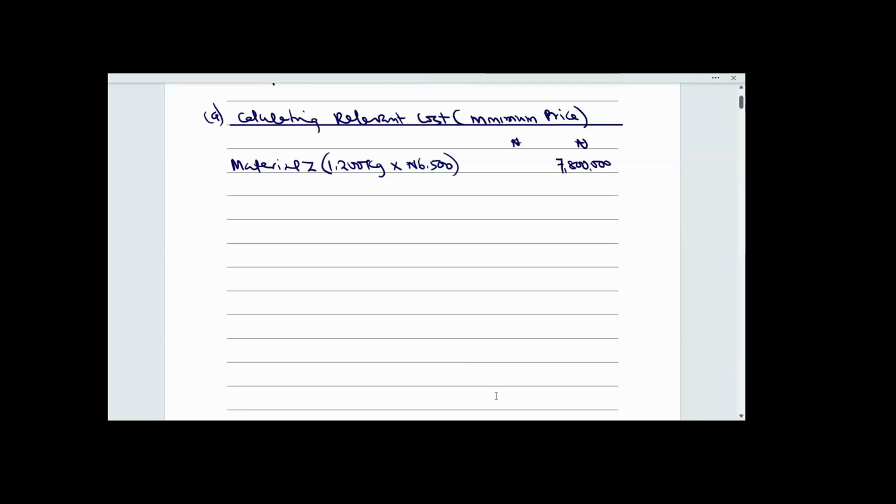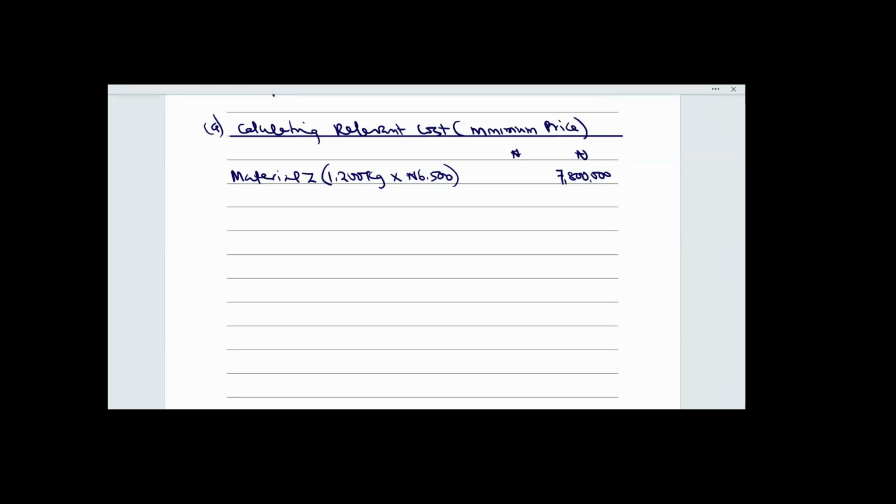All right. So, of course, we are coming back for our assumption. But for now, let's do the calculation first. So we are still on the same paragraph, additional information number 2. You are told that the resale value of the material Z in inventory is 3,500 naira per kilogram.